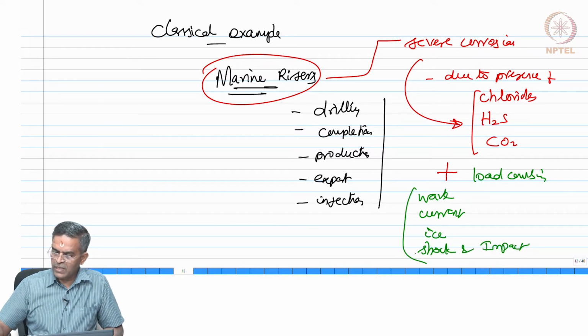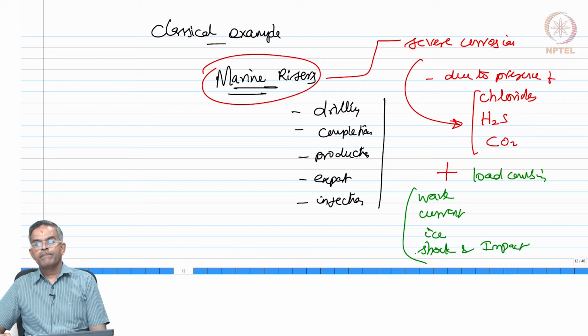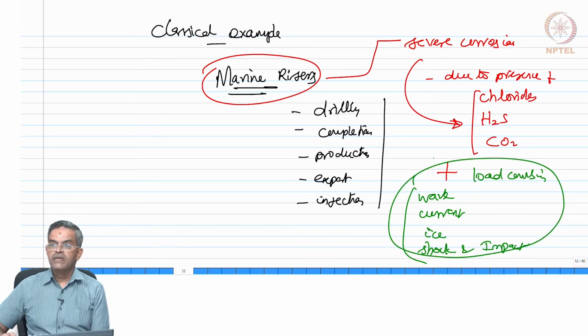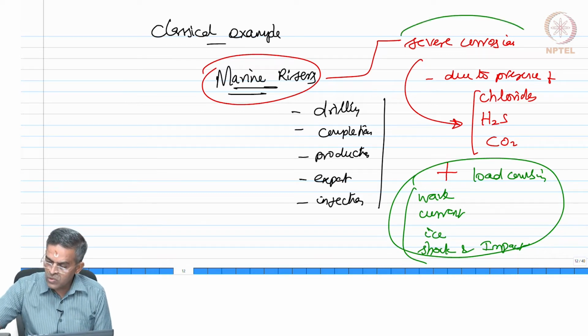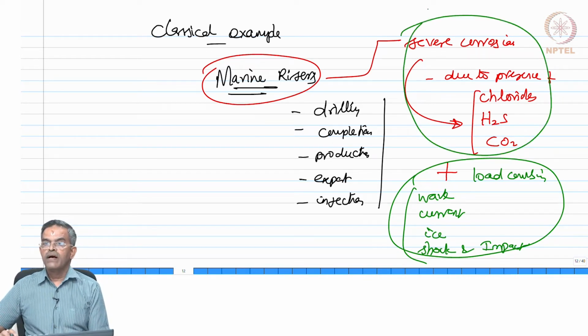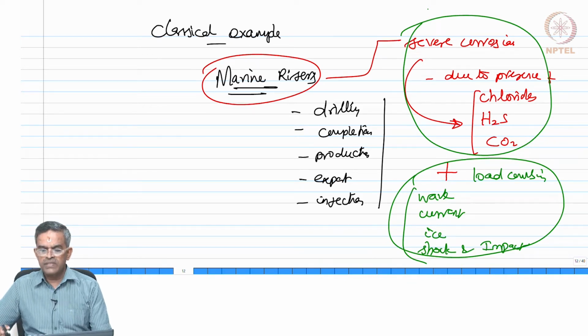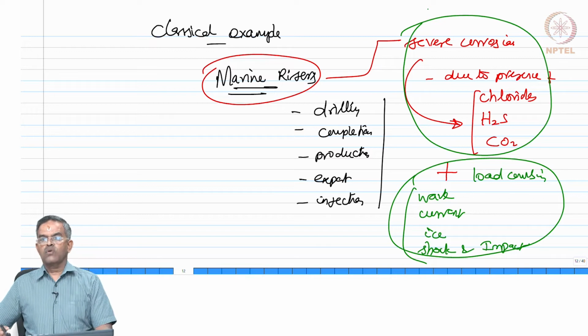So, here I have taken a classical example where the loads are very severe, and the environment influence is also very severe. Therefore, the design should focus on the functional requirement, which is anti-corrosive. I do not want the metal to corrode.